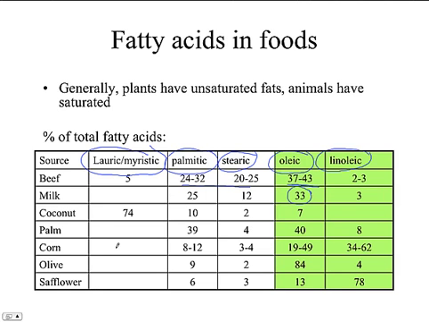If we look at some of the plant sources of fats, coconut is often derided as a relatively unhealthy fat because it contains a lot of saturated fat. About 74% of the fats come from these short chain fatty acids, lauric and myristic acid. However, this is actually being debated, mainly as a result of looking at diets that are relatively high in coconut and other plant products, finding that people are not quite as unhealthy as they would be thought to be.